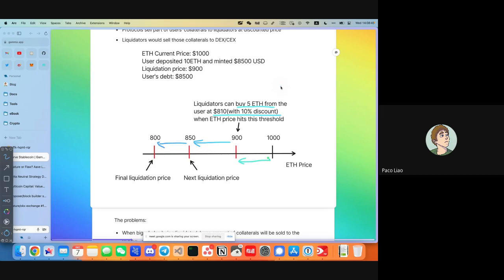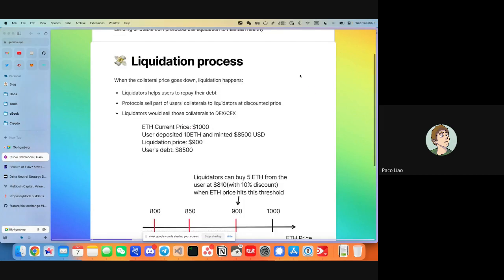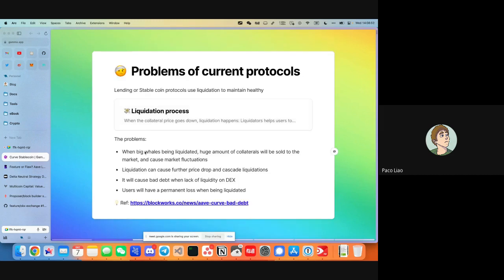The problem with this design is that if a big whale is liquidated, a huge amount of collateral will be sold. Liquidators get these collaterals and normally sell them to the market, and this will cause market fluctuations. Because liquidators sell those collaterals, it causes further price drops and cascade liquidations.